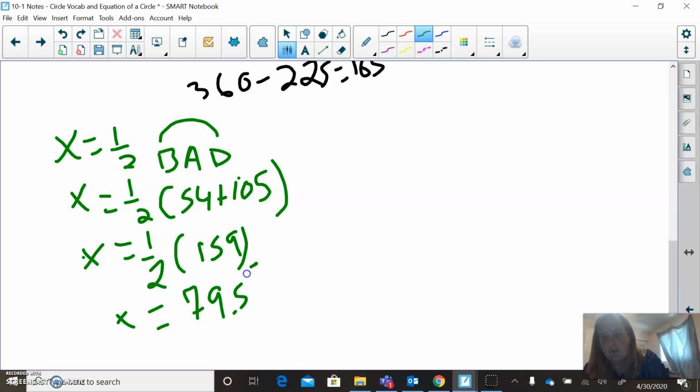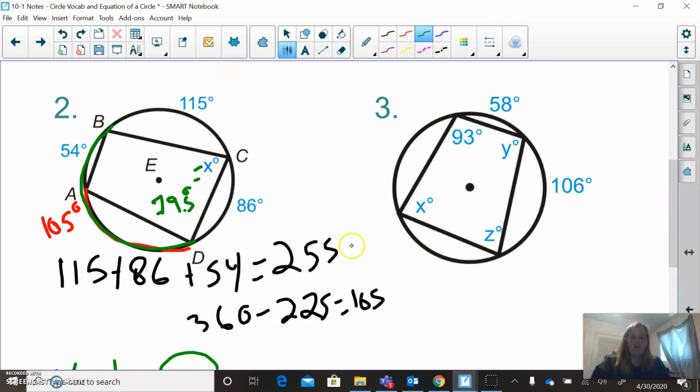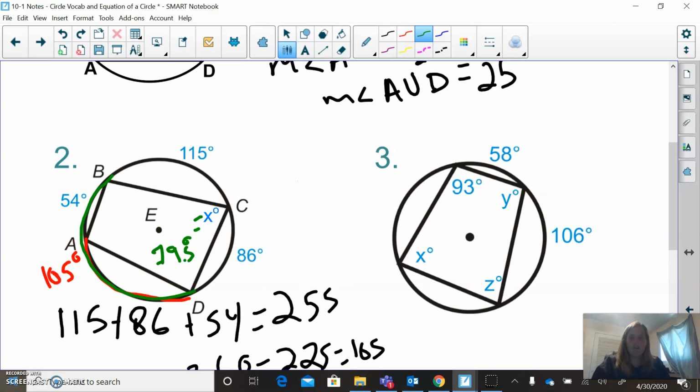Let me put the degree symbol down here. Awesome. Alright guys, one last example before we're done. Okay, so for question 3, I think we should start where it is easiest to start. So 93 and the z are opposite angles, which means they're supplementary and they add to 180 degrees.